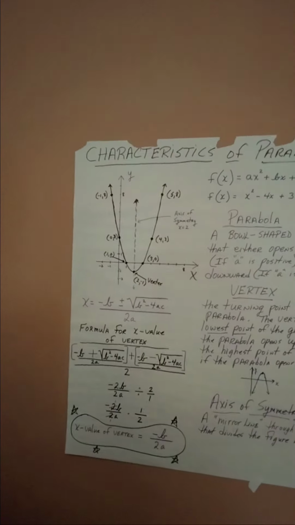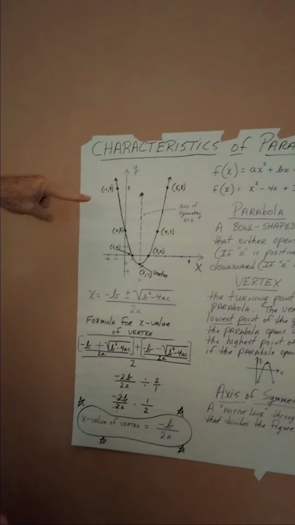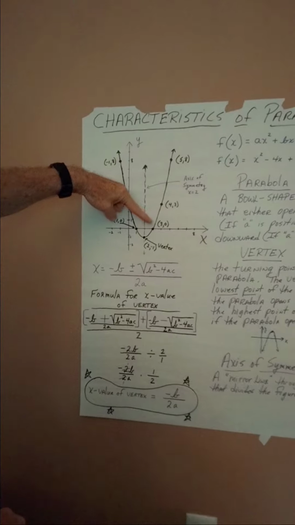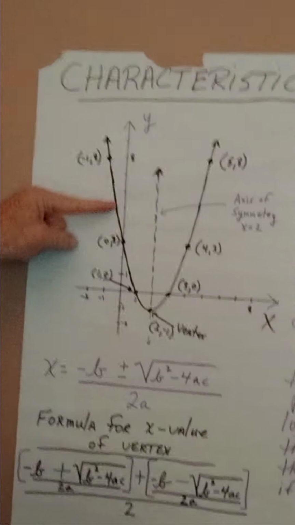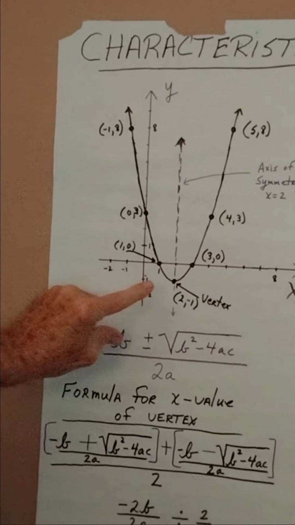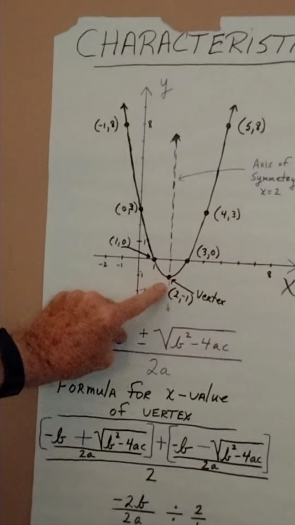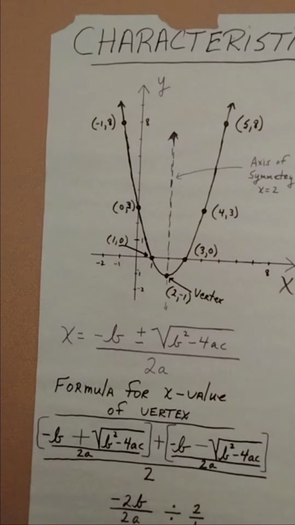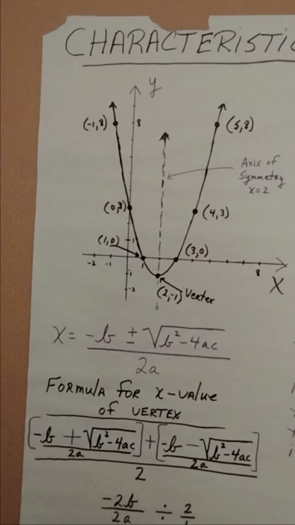The vertex must be identified first. You don't attempt to find any of these points on this right side or any of these points on this left side until you find the turning point of the graph. The vertex is the most important point of the parabola, and we need to get it first.